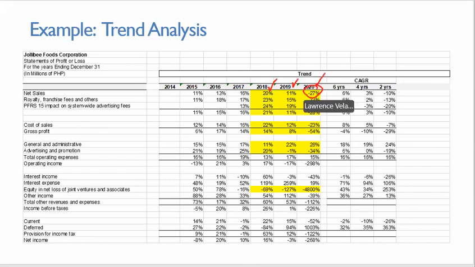So if you look at the trends, there was a 27% decrease in sales for 2020. Okay? And overall 28% decrease in net sales. Okay? If you look at cost of sales, it reduced by 23%. So mas malaki yung reduction sa revenues kesa reduction in cost of sales.